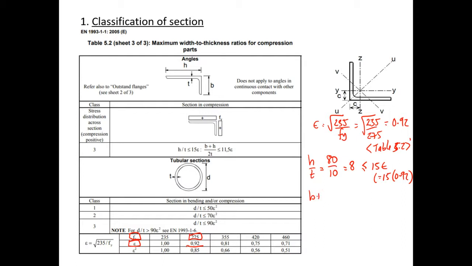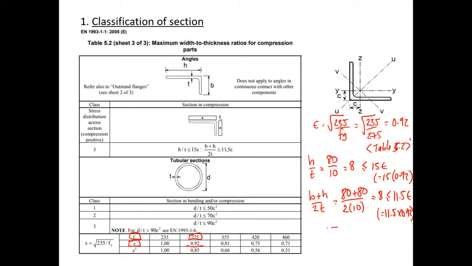Then b plus h all over 2t equals 80 plus 80 all over 2 times 10, so that's equal to 8. And again, that's less than or equal to 11.5 epsilon, which is equal to 11.5 times 0.92.